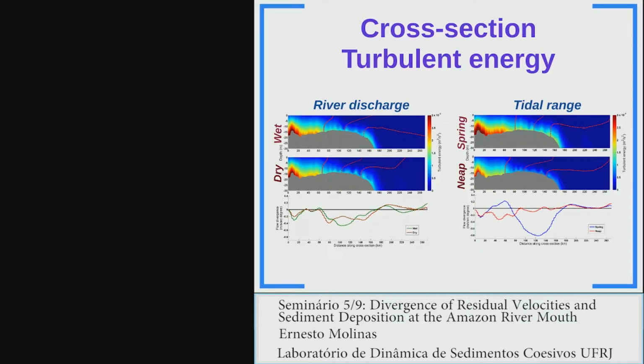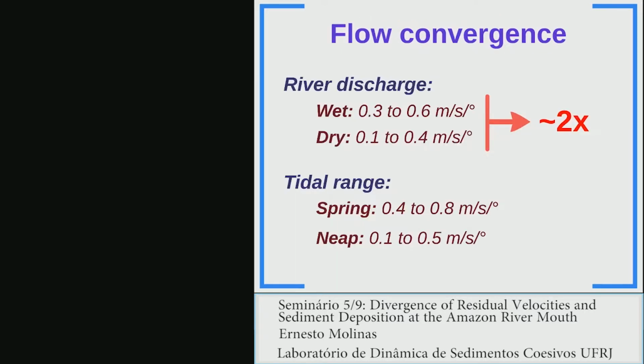Trying to quantify it a little bit, flow convergence between wet and dry periods is about 2 times bigger, while when we compare spring and neap tides, it becomes 4 times stronger. The main reason for that is in this graphic: the first panel is river discharge, with a whole year on the time axis. This is tidal range.